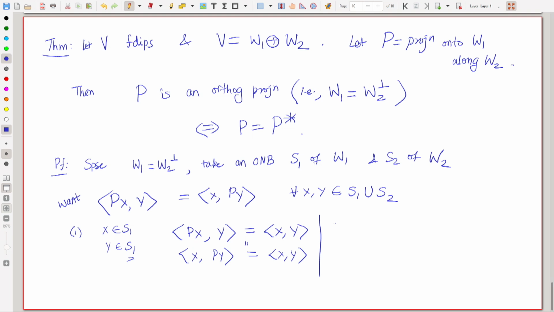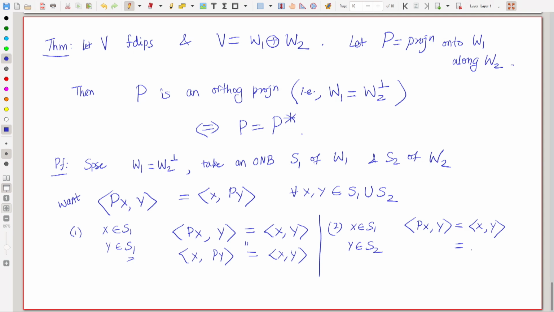So let us do case 2. I will do one more case and the others are easy. So let us do x belongs to S1, the other comes from S2. Let us compute what is Px comma y in this case. Well, Px is x as we said before. So this is x comma y, but I actually know something about x comma y.